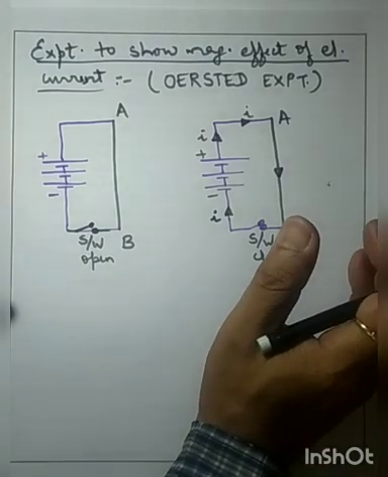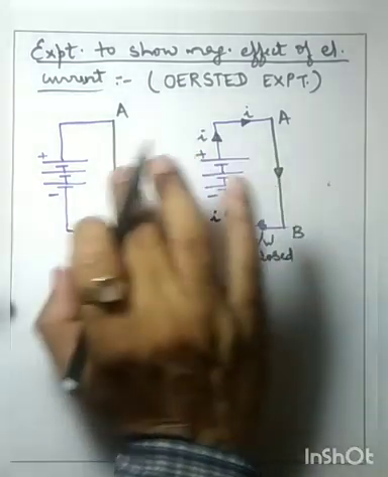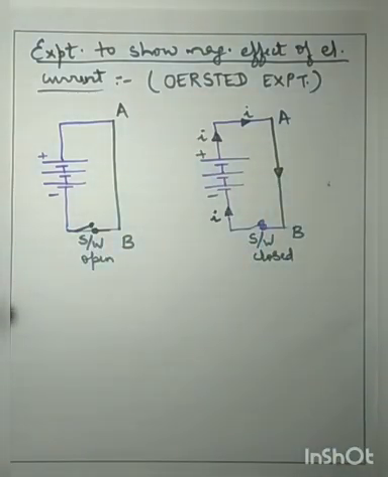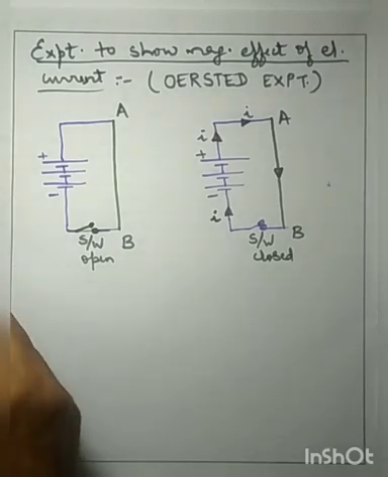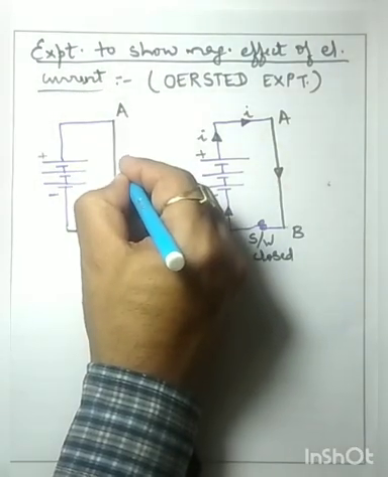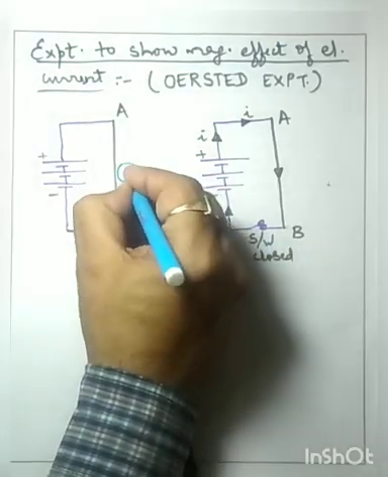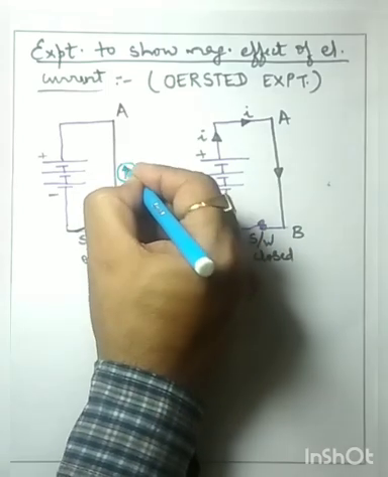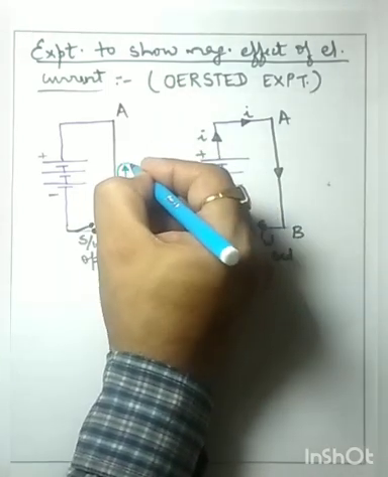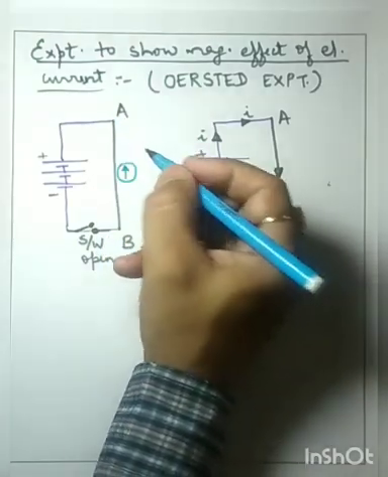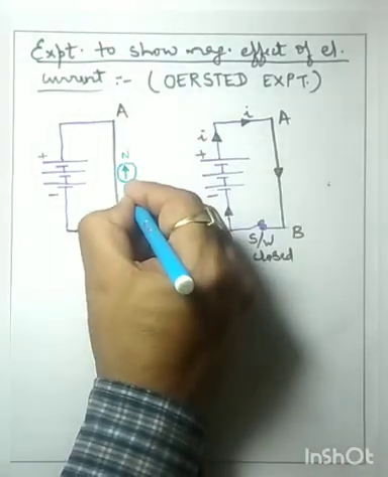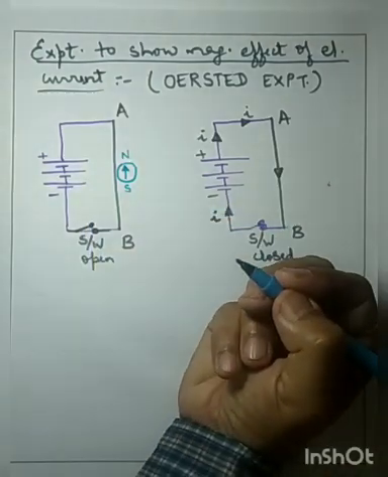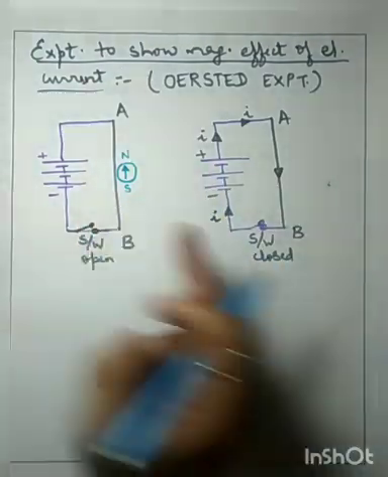And if we want to know the magnetic effect of electric current, then what is required? We have to keep the compass needle near this. Suppose this is the compass, and the position of the arrowhead of the magnetic compass is such that the arrowhead is pointed towards the A end and the tail is towards the B end of the wire when no current is flowing in this circuit.